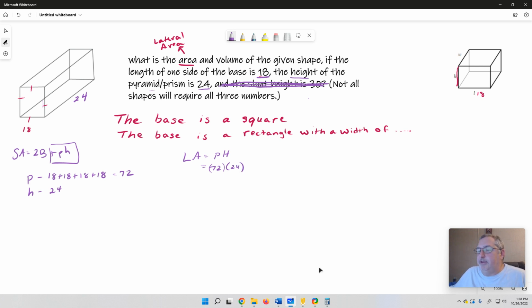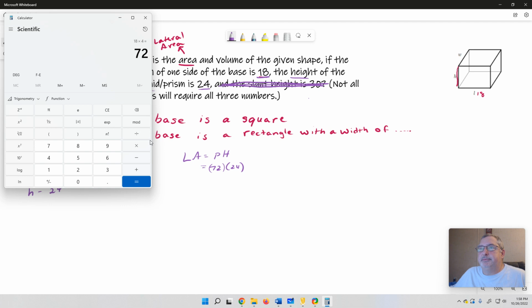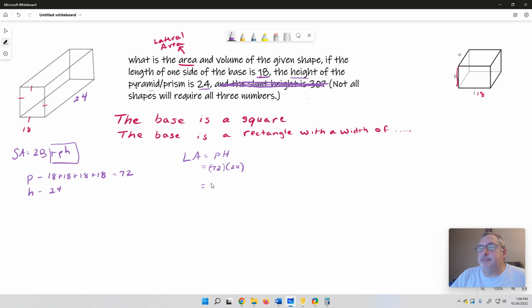Again, I'm going to use my calculator. 72 times 24 gives me 1,728 units. So that's the lateral area. That's it. These are actually the easy ones. Let's come over here and find the volume.